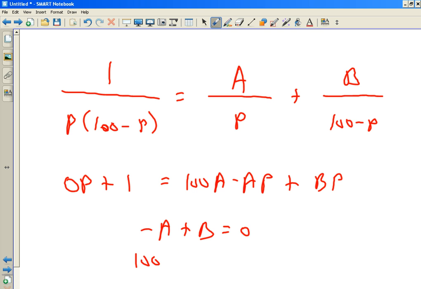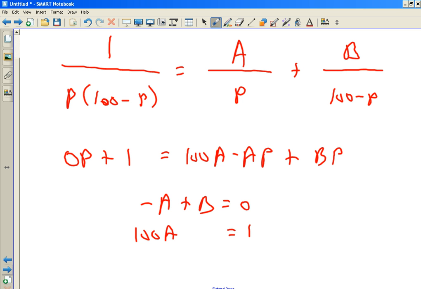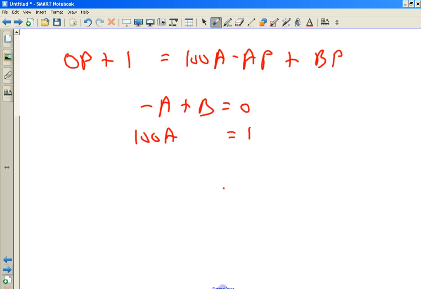So do you need matrices here? Remember we did matrices with this stuff? Nah, this one's easy, because a is clearly what? A is 1/100th, right? Just divide by 100. Well, if negative a plus b is 0, isn't a equal to b? So, guess what? We got b for free.